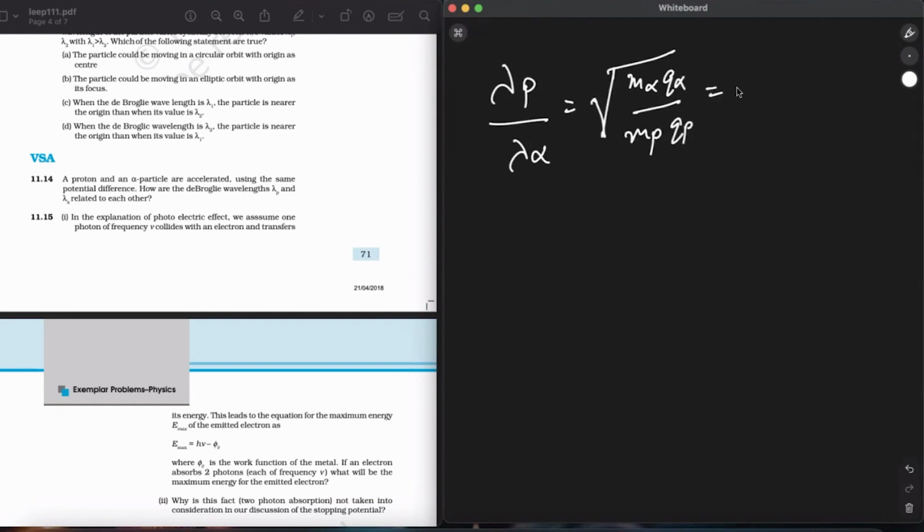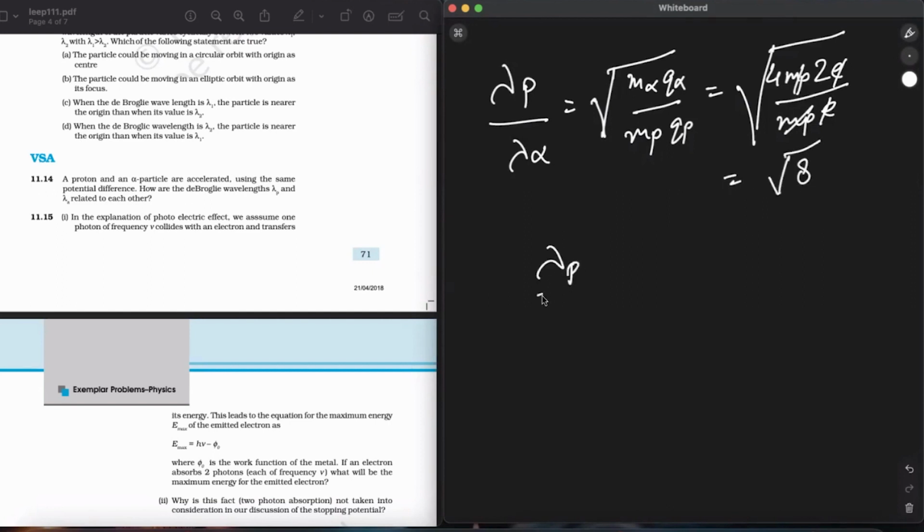Putting in the values, mass alpha is 4 times mass of proton and charge of alpha is 2e, divided by mass of proton and charge on proton, which is e. It will be under root 8. So lambda p upon lambda alpha is 2 under root 2.